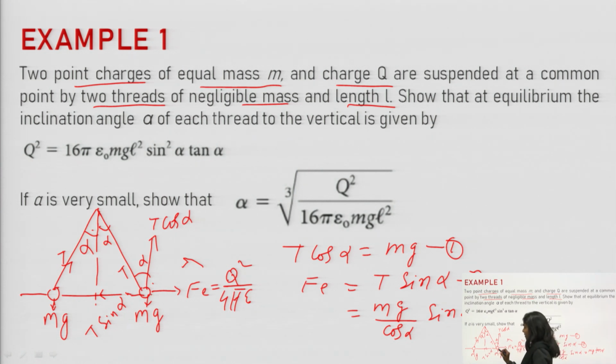The distance between these two: this is the length L, so the vertical part is L cos alpha, and the horizontal parts are L sin alpha and L sin alpha, so this distance will be L sin alpha plus L sin alpha, meaning 2L sin alpha.